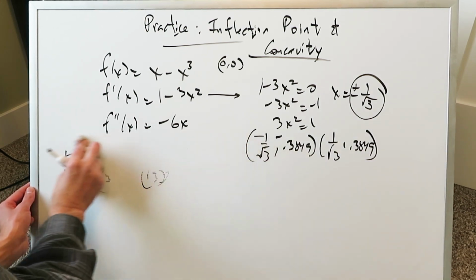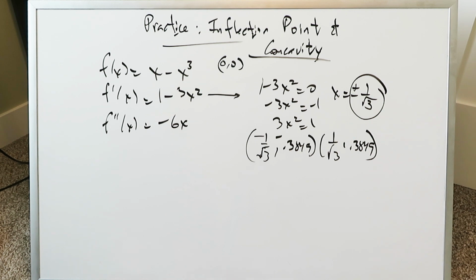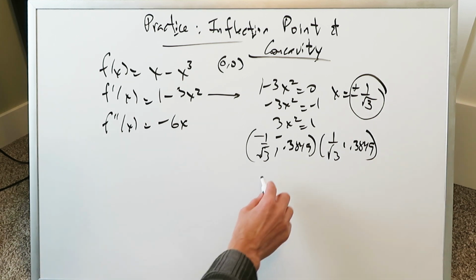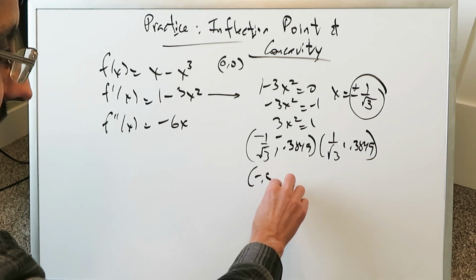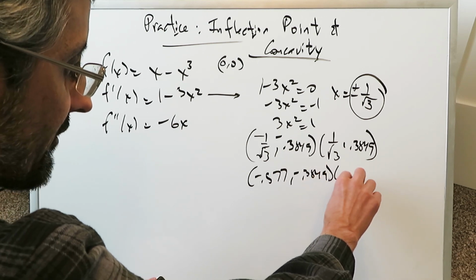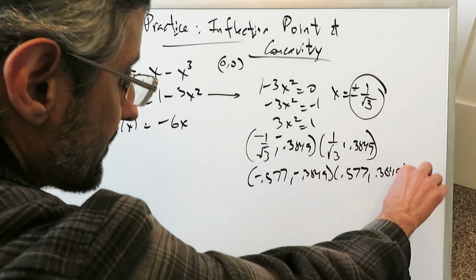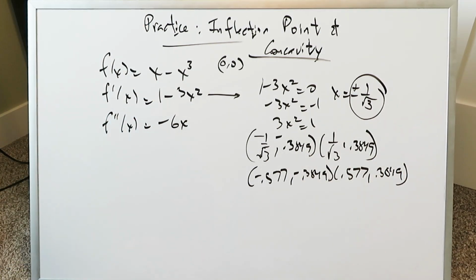It's a difficult number to present as a fraction, but we can convert everything into a decimal. In the end, we have minus 0.577 comma minus 0.3849, and then positive 0.577 comma 0.3849. These represent perhaps a relative maximum and a relative minimum.